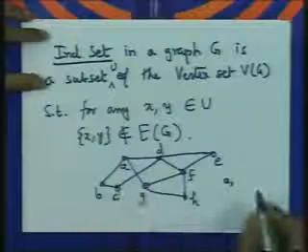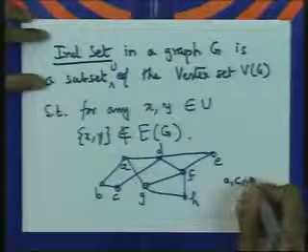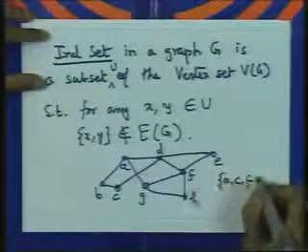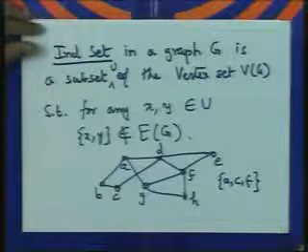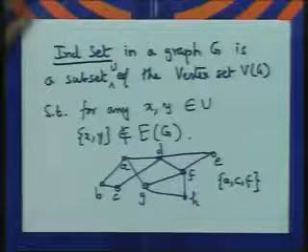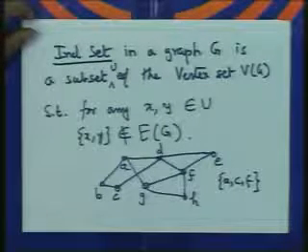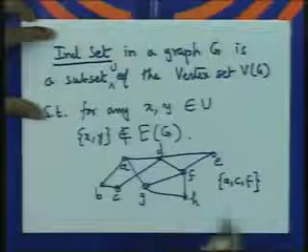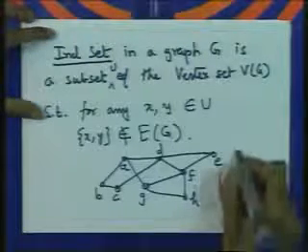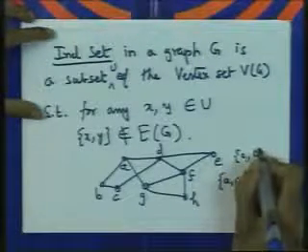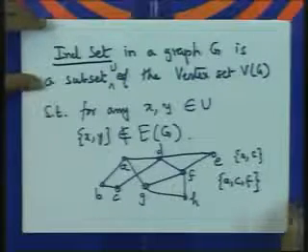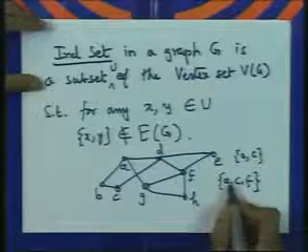So I could have C in it, and F. This is an independent set. A, C, and F is an independent set. I could have others, for instance A and C. This is also an independent set. There is no edge between A and C.